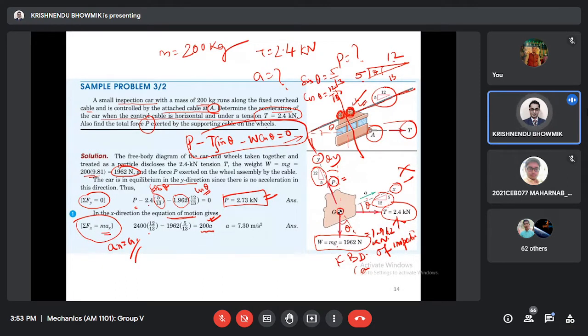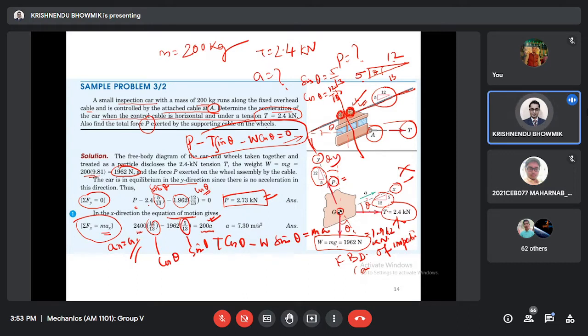Along that direction, here it is T cosine theta minus W sin theta. This is cosine theta, this is sin theta, equal to ma. You can check this.